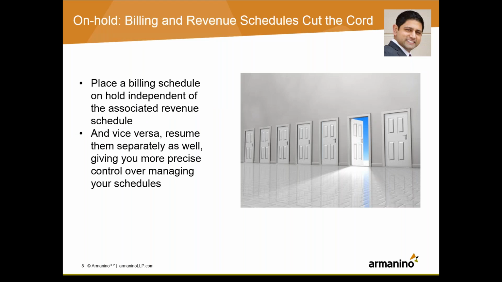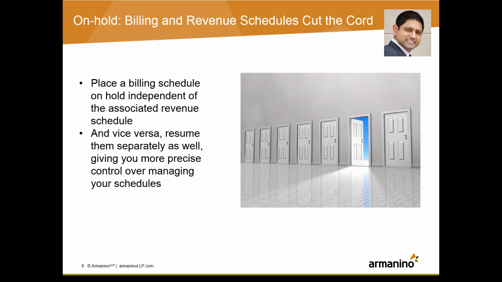First up is billing and revenue schedules, in terms of what is on hold versus resuming revenue schedules. Prior to this release, we didn't actually get a chance to separate those. So now Intacct has gone in and made those 2 separate functions.